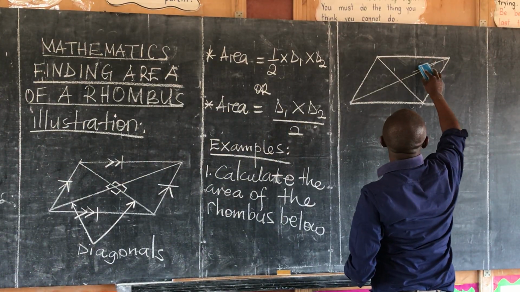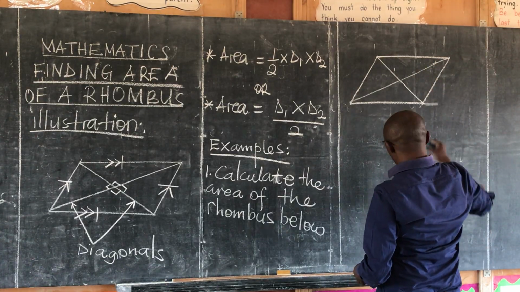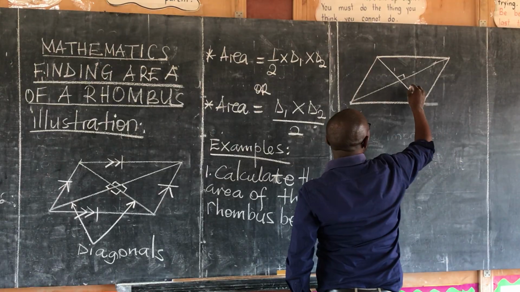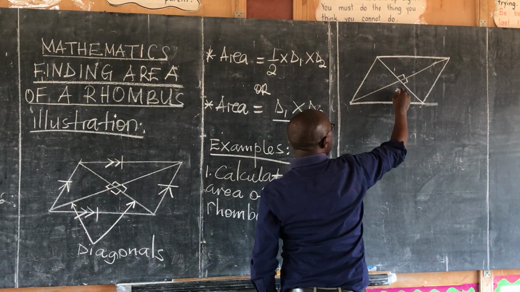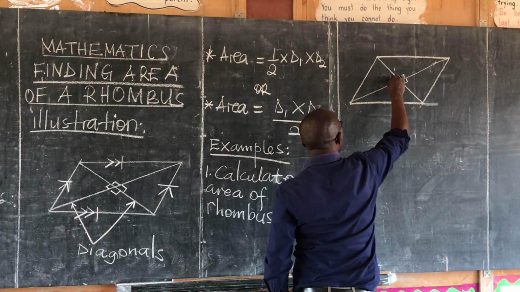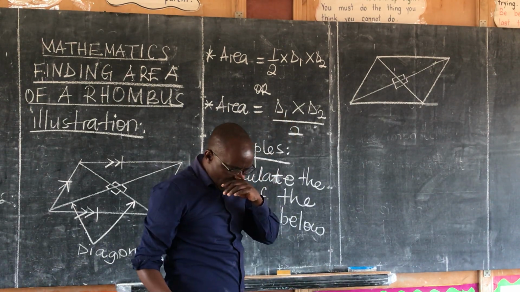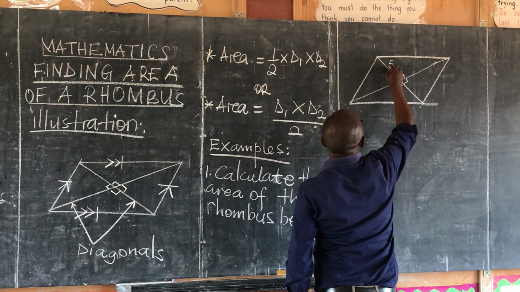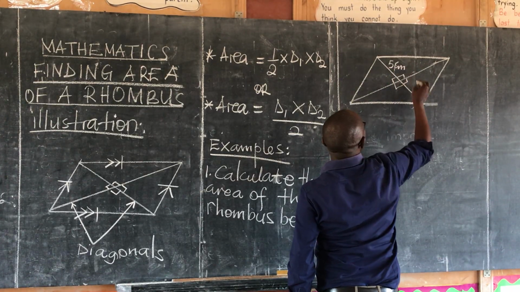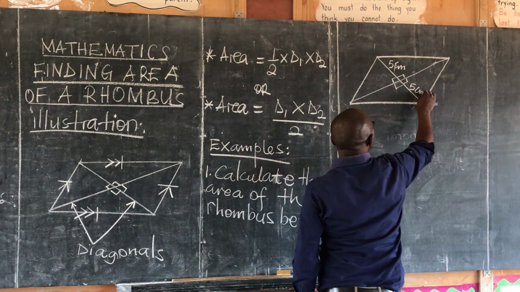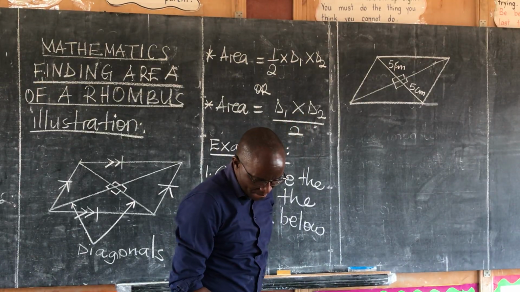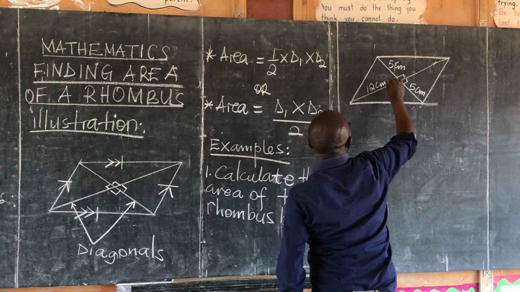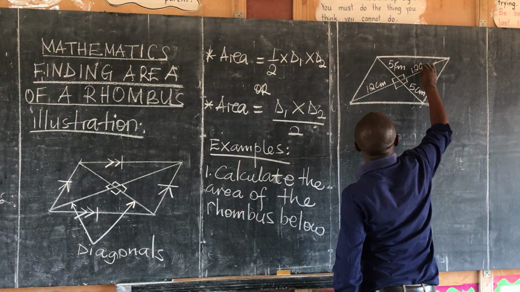In other words, as they bisect each other, they end up forming four right-angled triangles. This is a right-angled triangle, another one is there, there are four. Now, the half diagonals are 5 centimeters by 5 centimeters, and this is 12 centimeters by 12 centimeters.